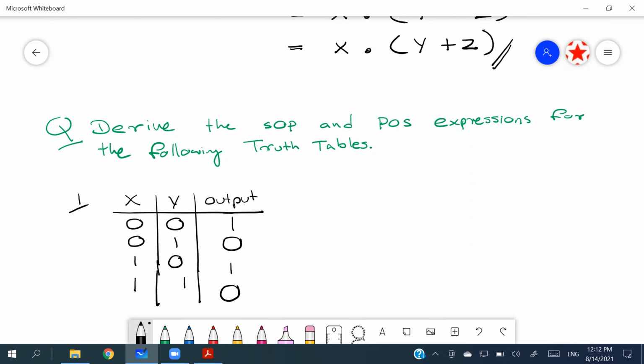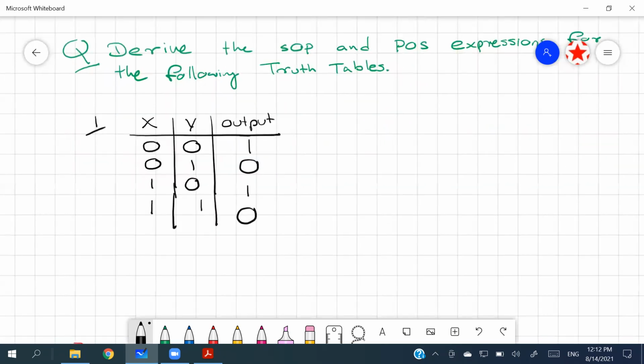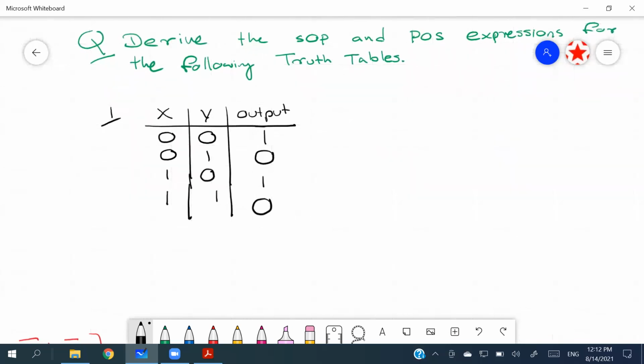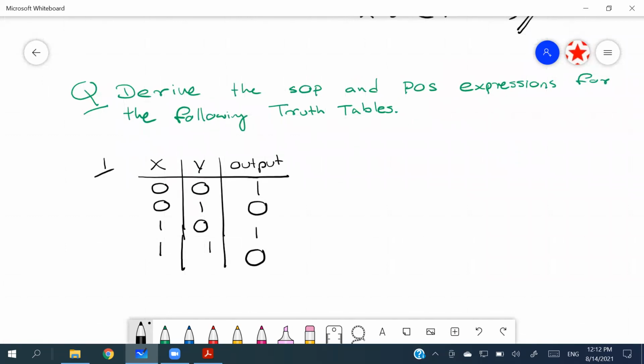And you should write a SOP and a POS to this truth table, right? SOP term and the POS term. First write it down. After a little while, I'll write the second one. Just copy it down, then I'll continue to the bottom.